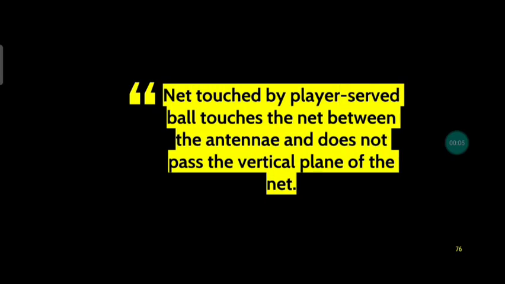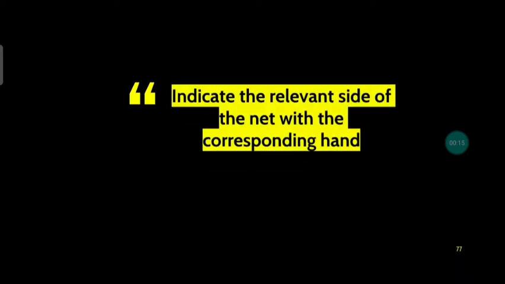Net touch by player or serve: the ball touches the net between the antennae and does not pass the vertical plane of the net. Indicate the relevant side of the net with the corresponding hand.